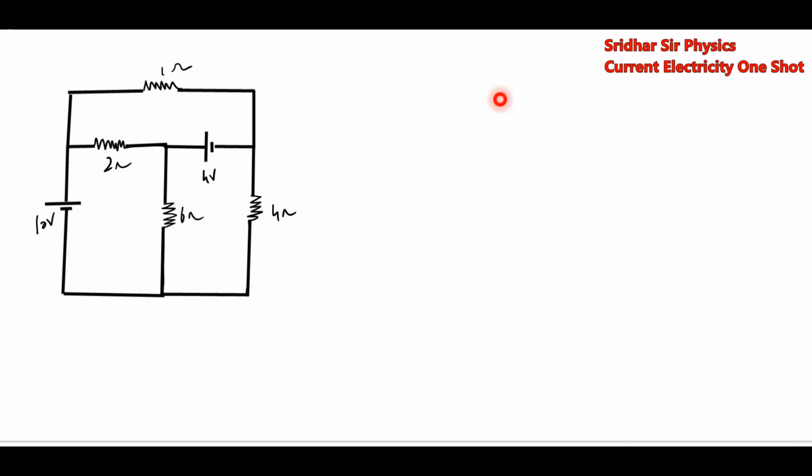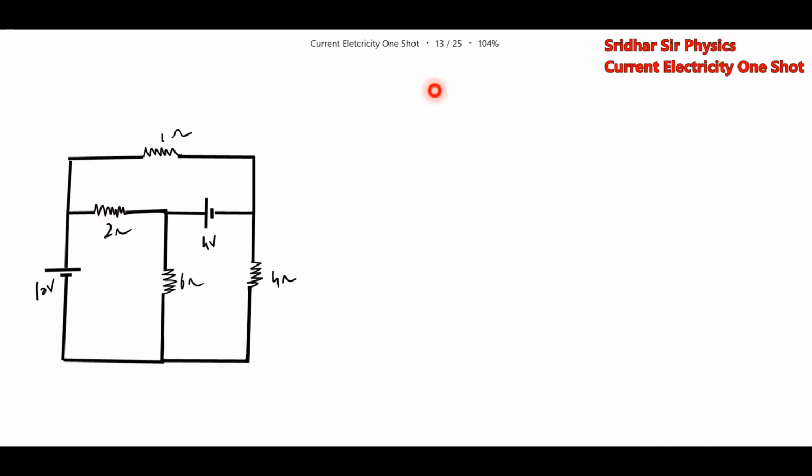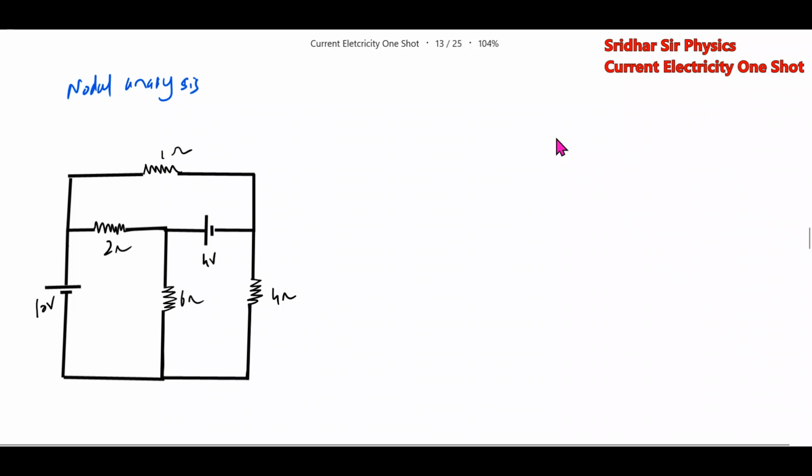We'll take the next one, the same nodal analysis. This is how to assume the potentials. I'll start from here. Let this be 0 potential.